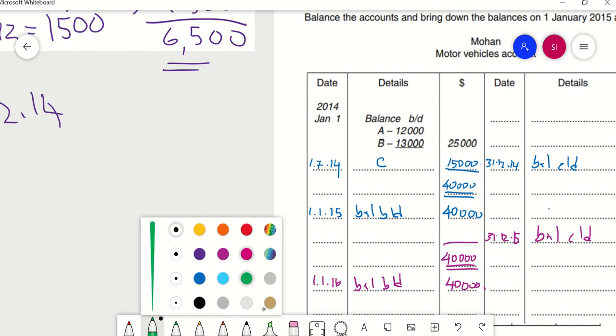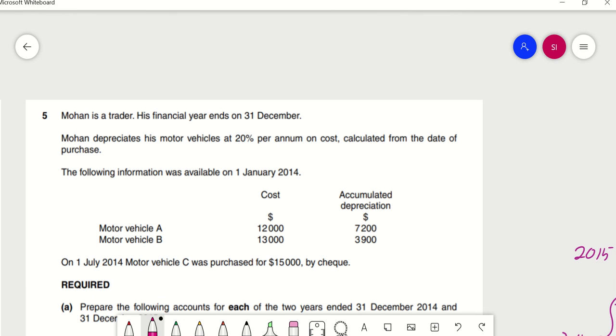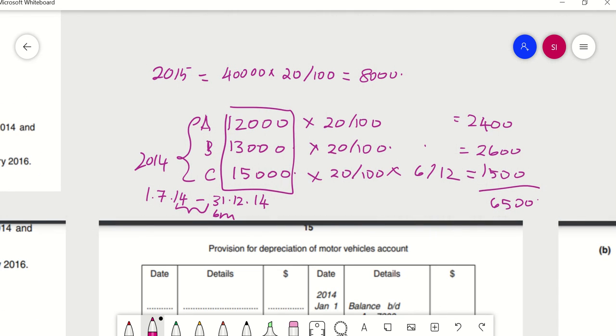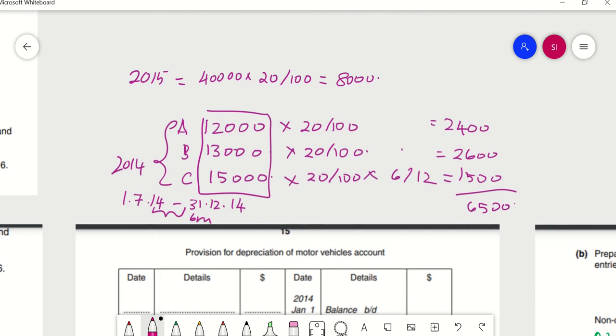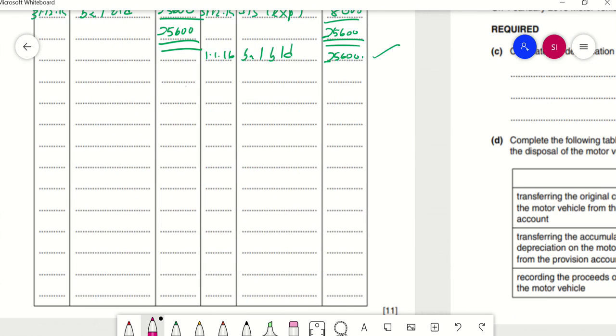These are the values that you're going to take. Let me color code it in pink. At the beginning, we had depreciation 3,900, and then during 2014, you calculated 2,600, and during 2015 also it's 2,600. Here I have actually done it collectively, but if you take it separate, it's 2,600 again.